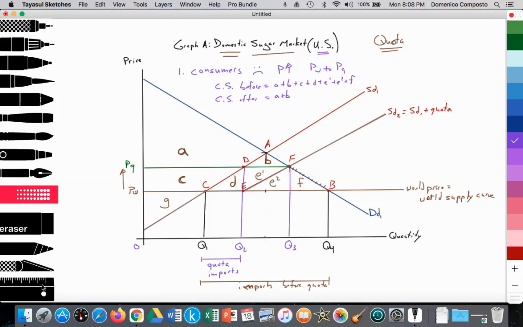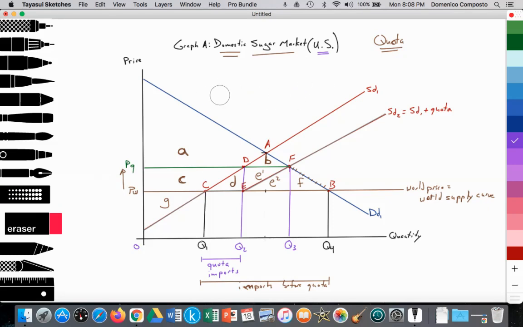Great. So let's move on to producers. Number two, domestic producers of sugar. They benefit from the quota because they are protected.